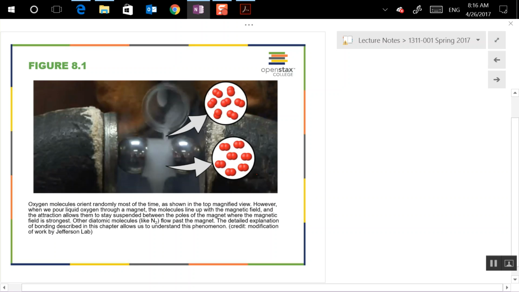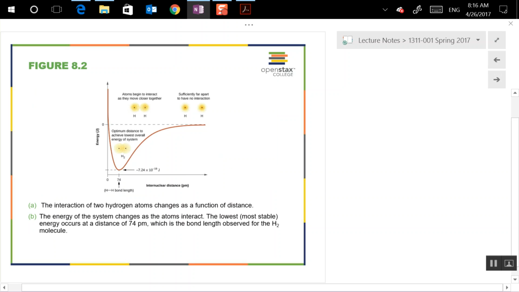So there are some properties there that we don't quite understand, and we're going to try to understand how these covalent bonds kind of come into play. Okay, this is just the idea that you have these hydrogens, and you have the distance between them, but then as they start to share those electrons, those nuclei get closer together.